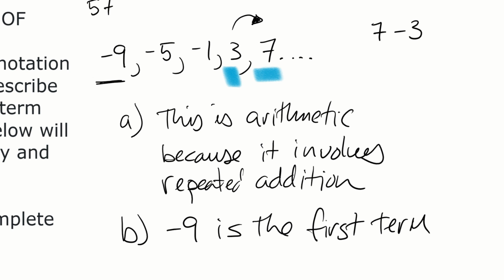Let me look at another one: -5 minus -9. Well, 7 minus 3 is 4, and -5 minus -9 is -5 plus 9, which is also 4.